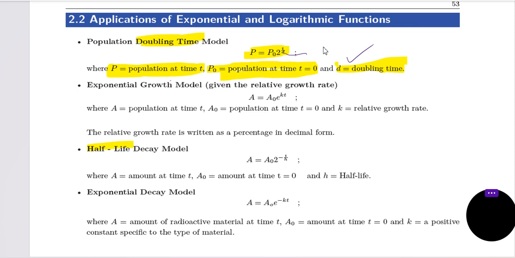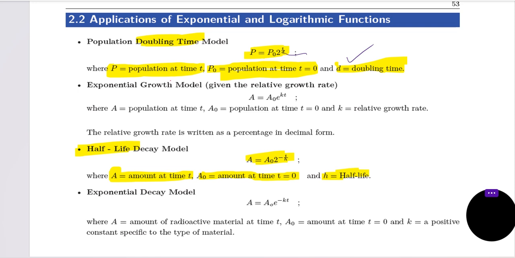And if there is a half-life in the question, then we use this rule where h is the half-life, A naught is the amount of the substance at the beginning, at time t equals 0, and A is the amount after time t.